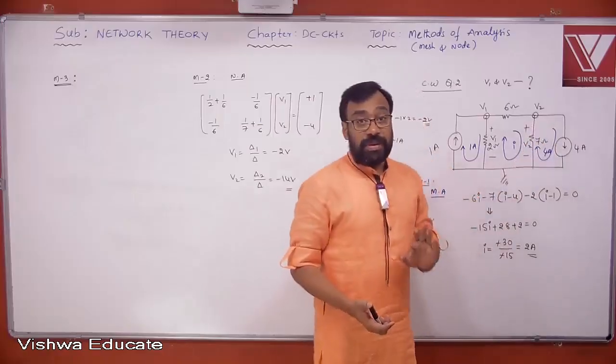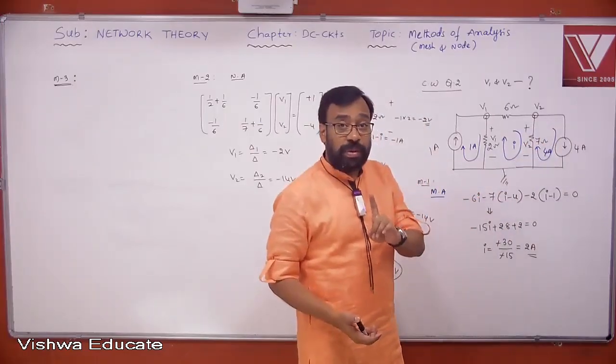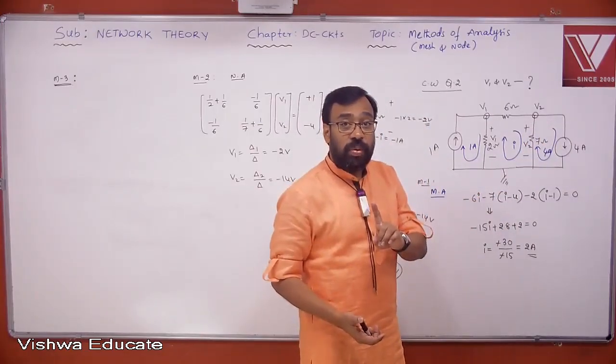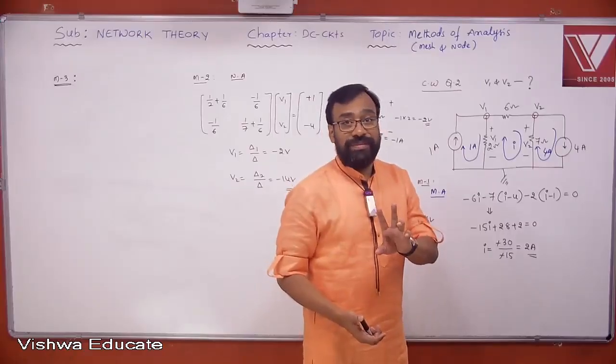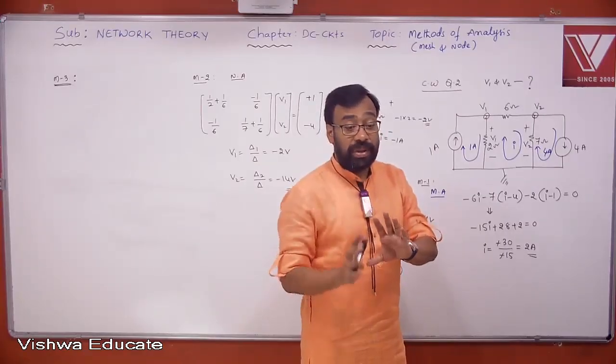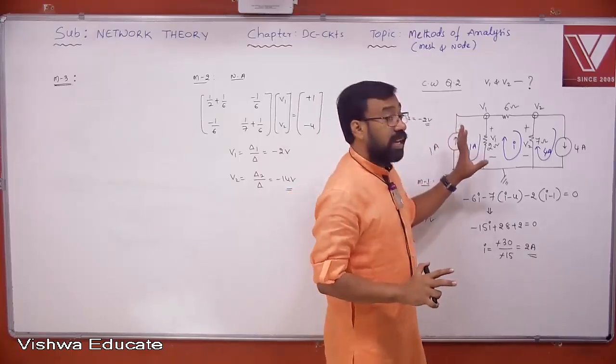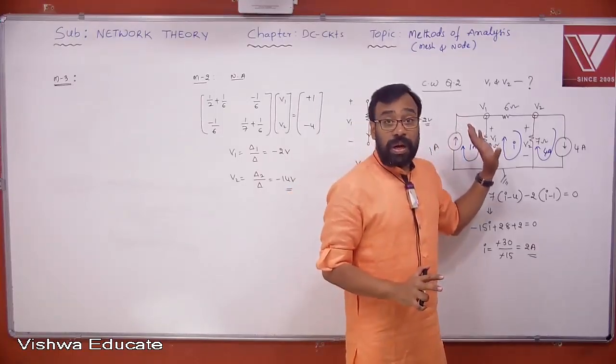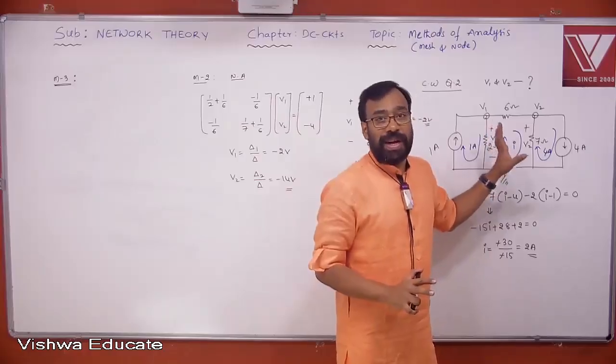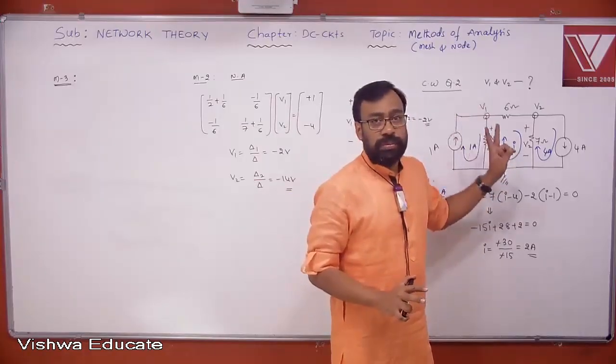But if somebody asks what is the minimum number of equations required using node analysis, what is your answer? 2 only. That answer must be given without any reduction, without any transformation. As it is, the network must be taken and you tell the minimum number of equations required. Definitely 2.